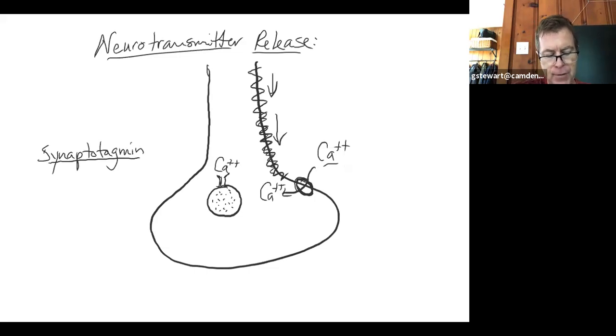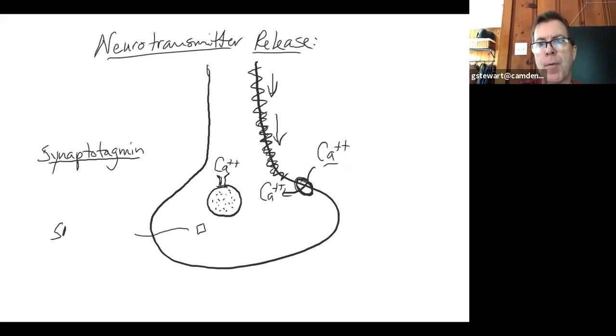Then, after calcium binds to this synaptotagmin, it interacts with what's called a SNARE protein. So out here is a SNARE protein, and it's all capitals because it's an abbreviation. Whenever something binds to something else in the human body, almost always it causes a change of shape. So when calcium binds to this synaptotagmin, this whole thing changes shape and it moves this vesicle.